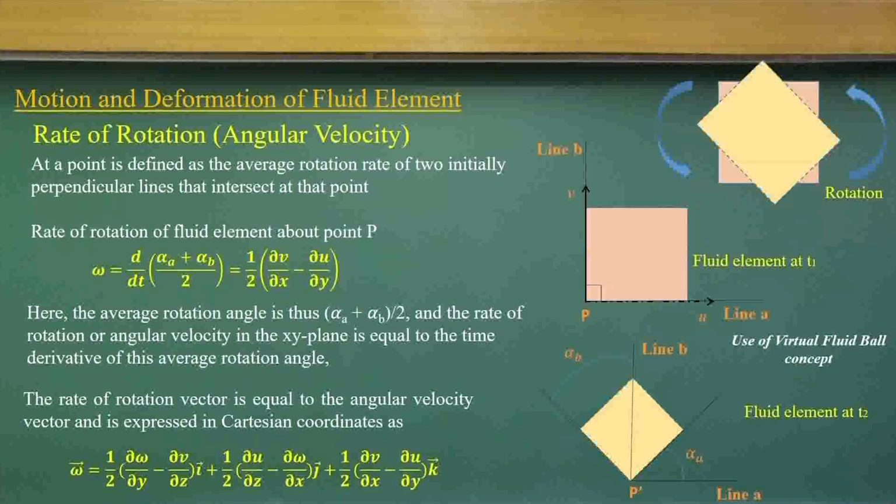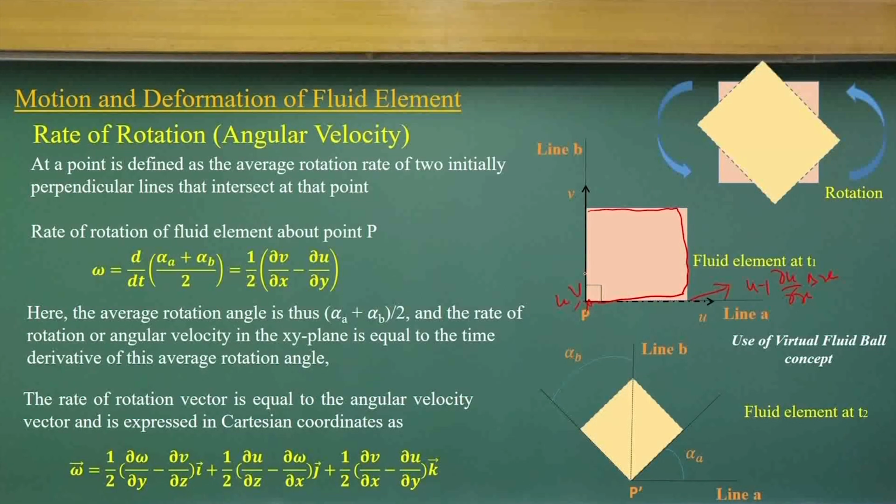But many times we see one dimensional components, and you may consider the other components to be 0. Now, coming to the rate of rotation, which is called angular velocity. What could be the angular velocity of the fluid element? If I take this fluid element, it will have velocity variations. If the u velocity is here, at this point you will have u plus del u by del x into delta x, as the x direction is changed.